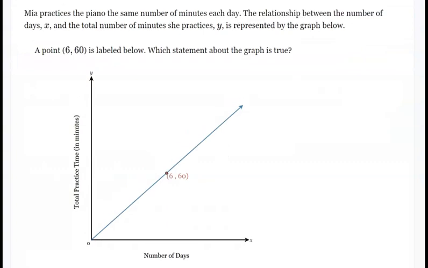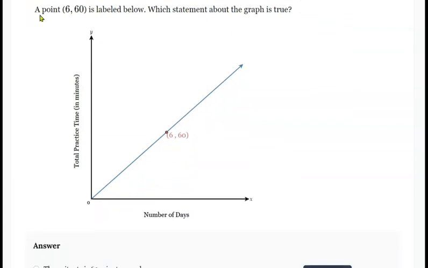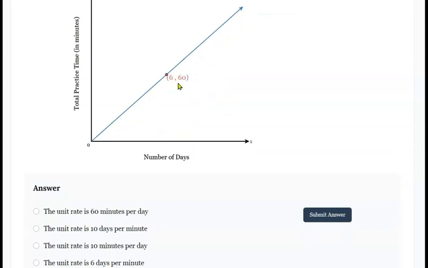Mia practices the piano the same number of minutes each day. The relationship is shown on the graph below. The point 6, 60 is labeled. Which statement about that graph is true? So the point 6 right here is the x, and the 60 is the y.